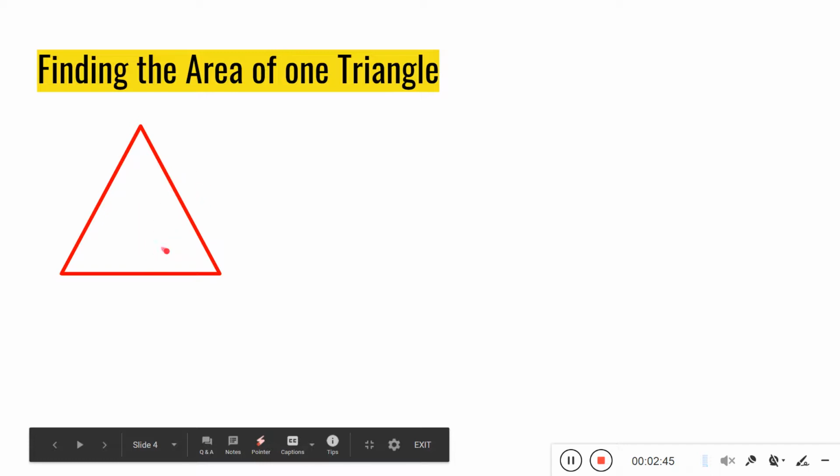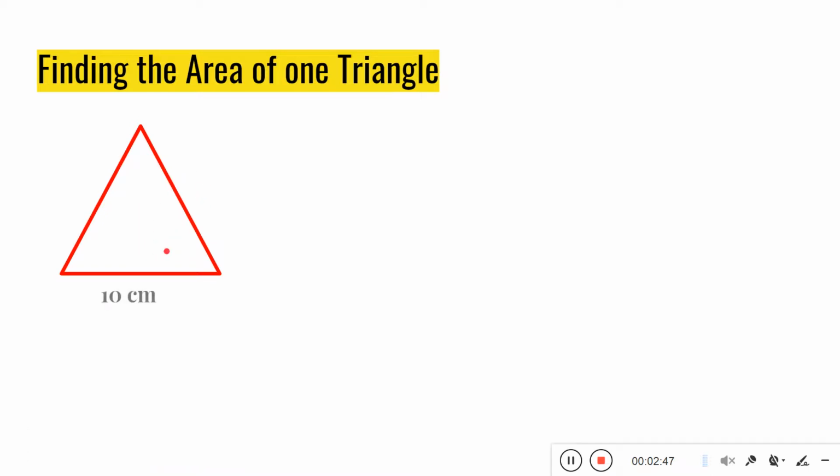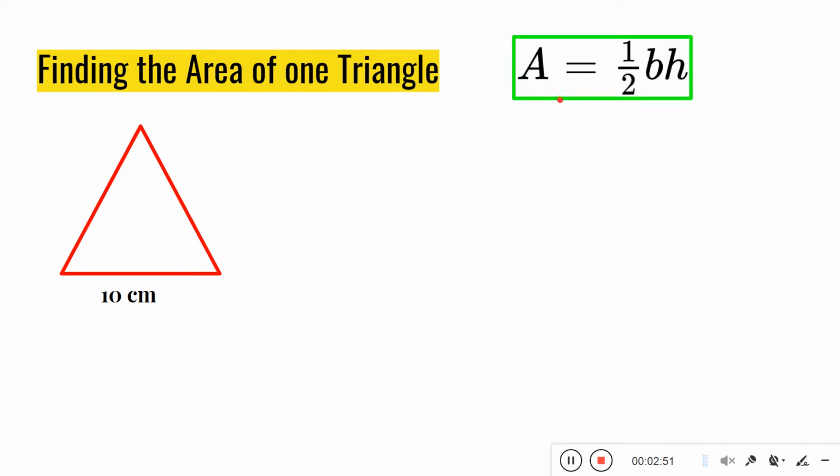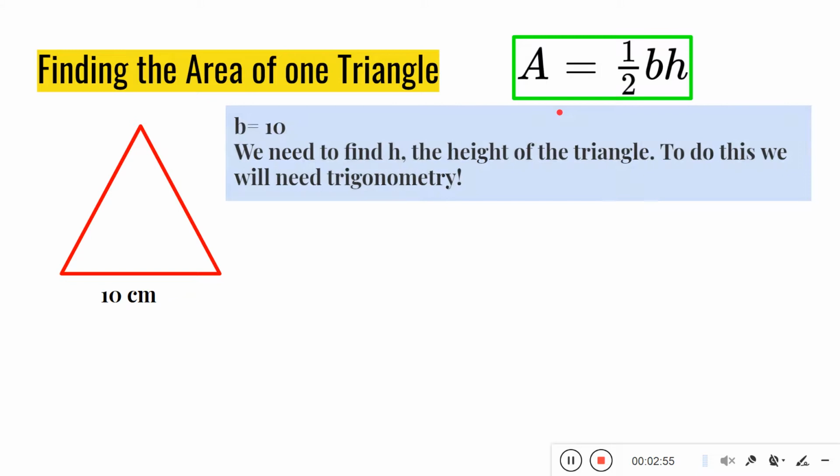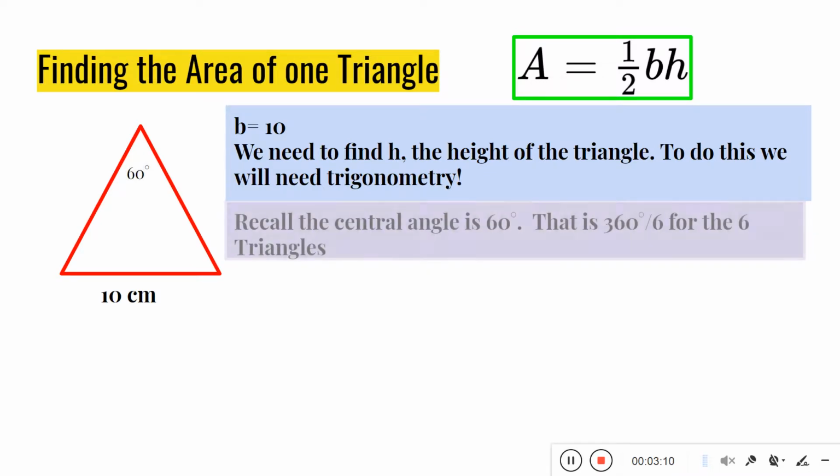Okay, so here's that triangle we were talking about. The formula for the area of a triangle is 1/2 base times height. We know that the base of this triangle is 10. The base of the triangle is equivalent to one of the sides of the hexagon. But we'll need trigonometry to find the height. So let's take a look at that. If you remember, this central angle is 60 degrees.